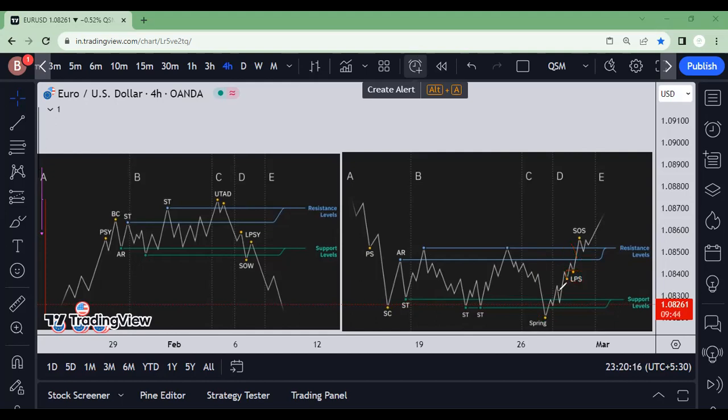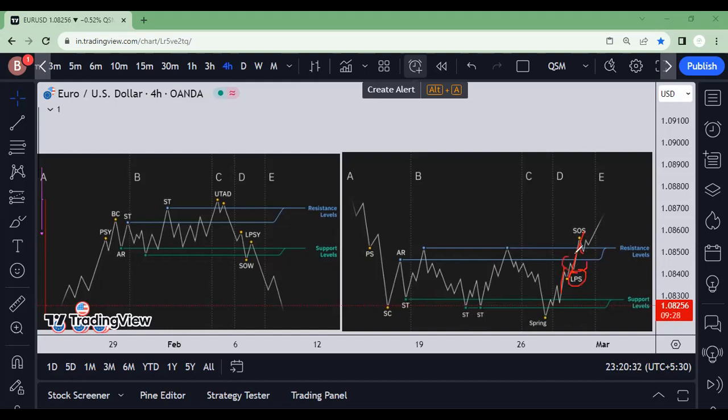Many experts suggest that if we are seeing price acceleration taking place, then whatever pullback we get is the LPS.